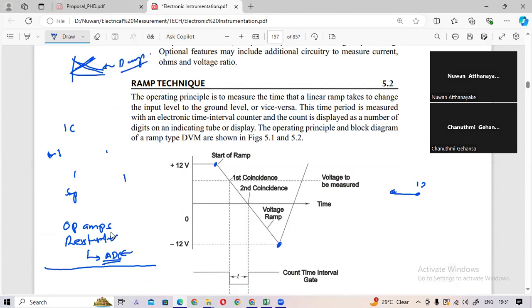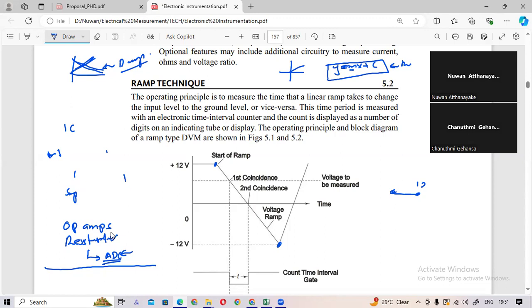Maybe in signals and systems you have learned this. So a ramp signal is like this: y equals mx plus c. If any signal follows y equals mx plus c, then we call it a ramp signal. Here the m is a minus value, and c is a plus value for this signal. So first it changes the voltage from high to low.